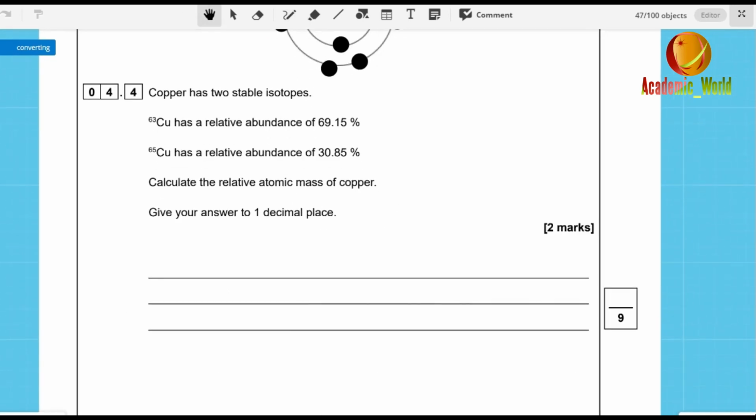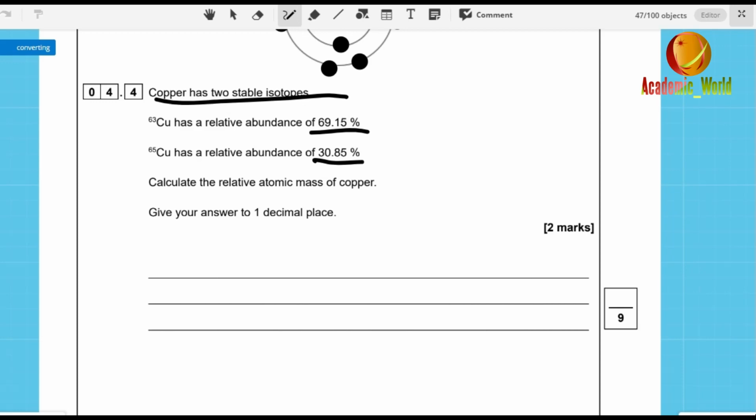The next one: copper has 2 stable isotopes, copper 63 with a percentage of 69.15, and copper 65 with a relative abundance of 30.85. Calculate the relative atomic mass of copper. It is a very important question, and you have to remember how to find the relative atomic mass of any element.